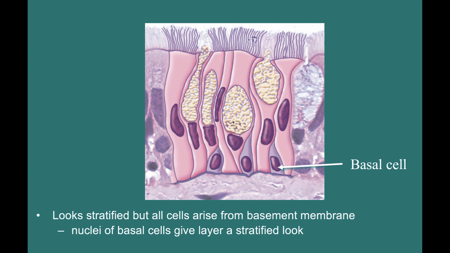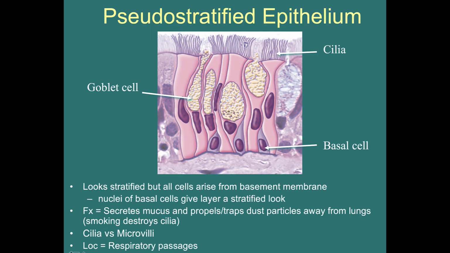But if we look at this cell right here, it looks like it stops right here. But in fact, this cell actually goes behind this basal cell and comes in contact with that basement membrane. So we have this stratified appearance, but in fact it is not. So we call this pseudostratified, or falsely stratified.